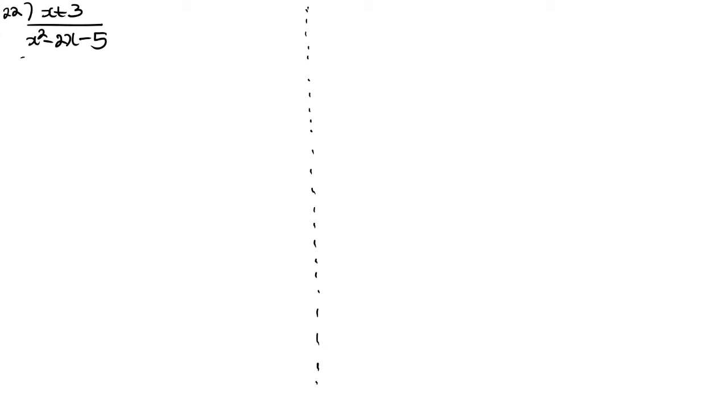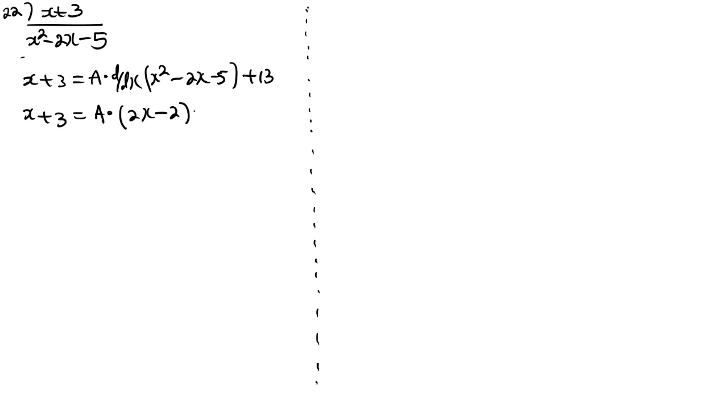See the next question, (x plus 3) by (x square minus 2x minus 5) is not in the form f dash of x by f of x. So consider x plus 3 equal to a into d by dx of (x square minus 2x minus 5) plus b value. So x plus 3 is equal to a into, what is the derivative, (2x minus 2), plus b.